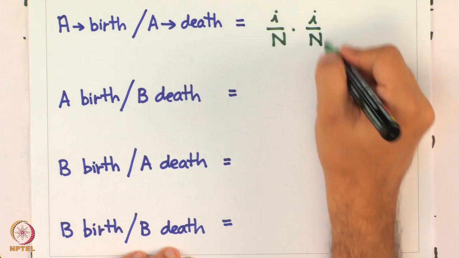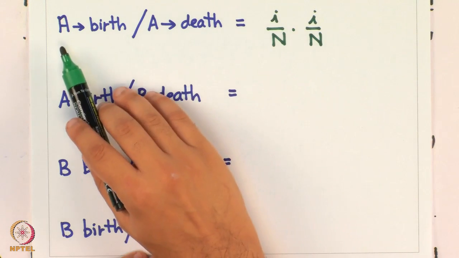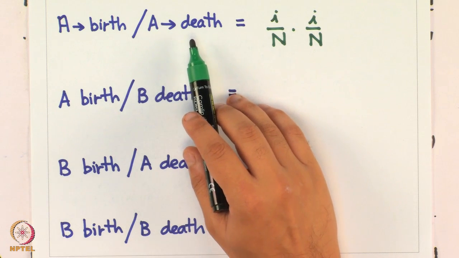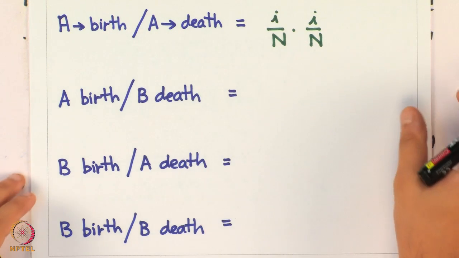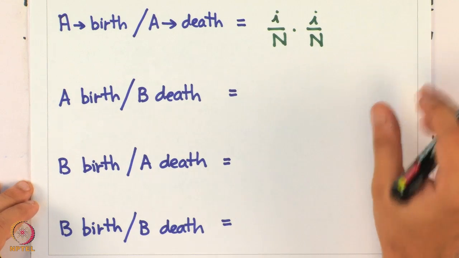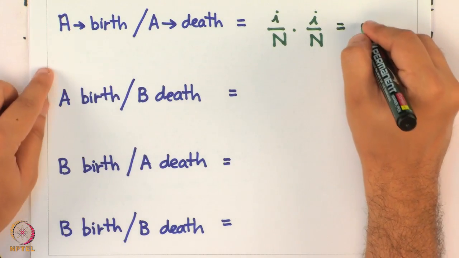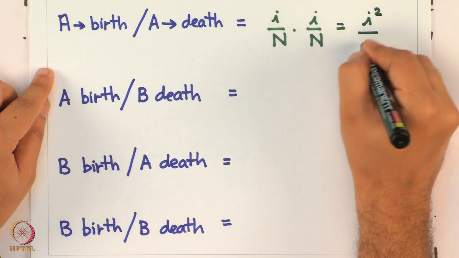This is also i by n because the same individual which was chosen for birth could also get selected for death, and this comes from the sampling rules that we discussed a little bit back. So this probability that I choose A for birth and A for death is equal to i square by n square.